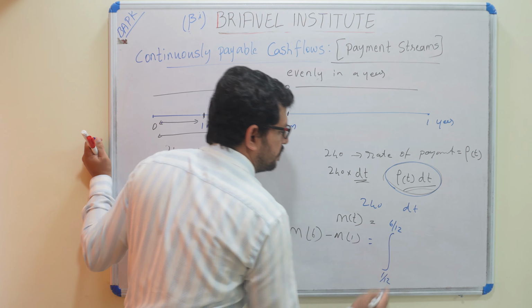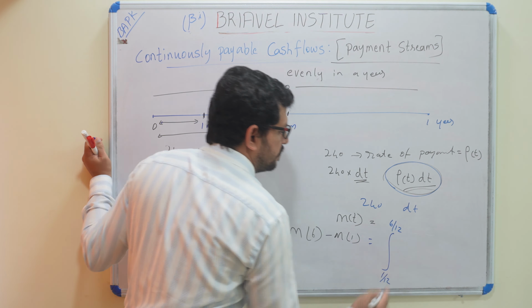Now they are asking the question: what is the total payment in 3 years of time? How do we get 3 years of time? We integrate from 0 to 3, the rate 521,800 t dt.